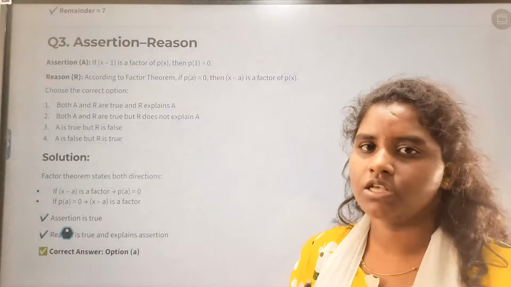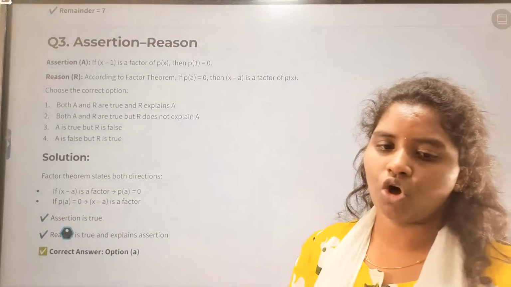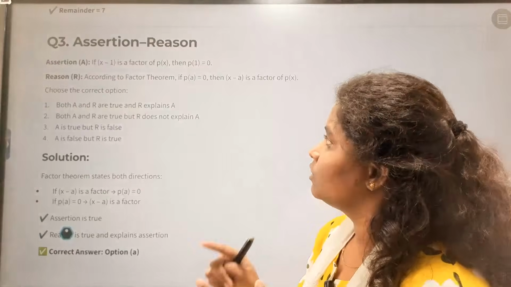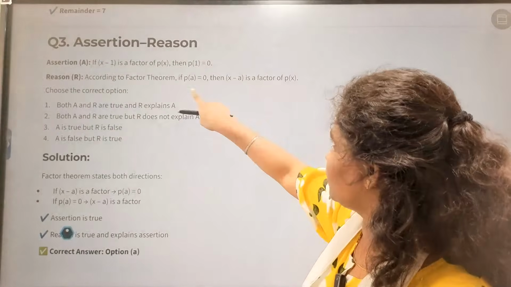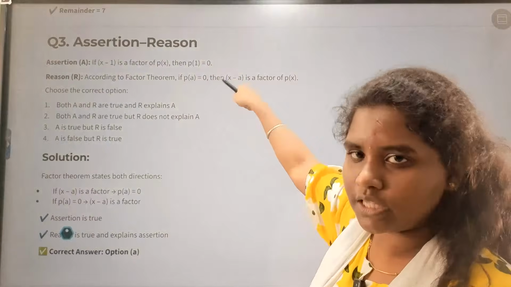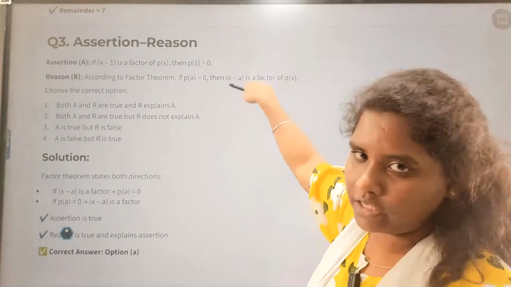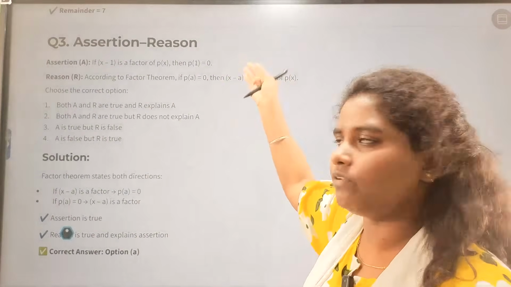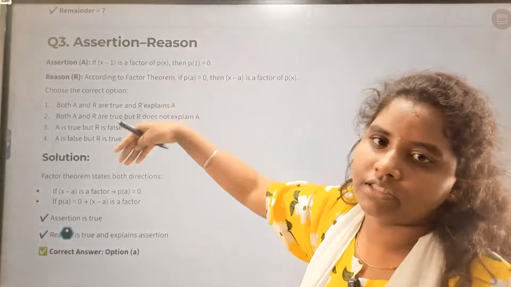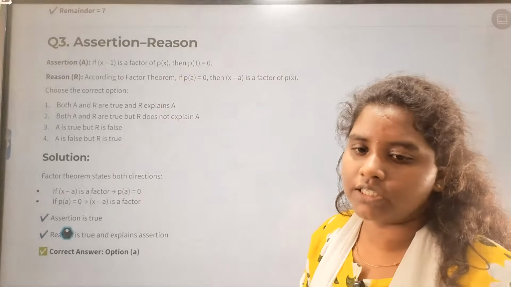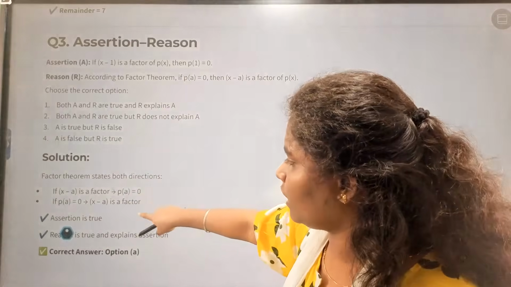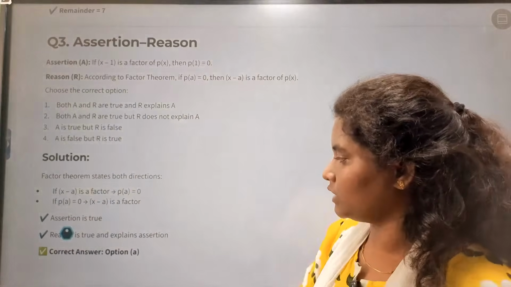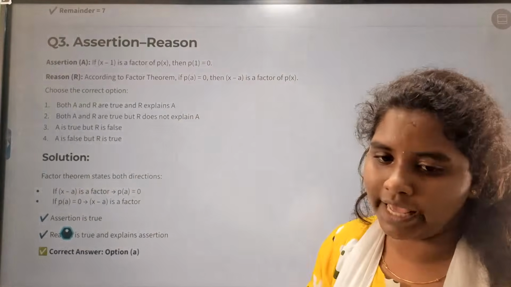If LHS is equal to RHS, then RHS is also equal to LHS. So according to factor theorem, if p of a is equal to 0, then x minus a is a factor. And if x minus a is a factor, then p of a is equal to 0. So both the conditions are the same. So here the assertion is true and the reason is also true. So option A is right.